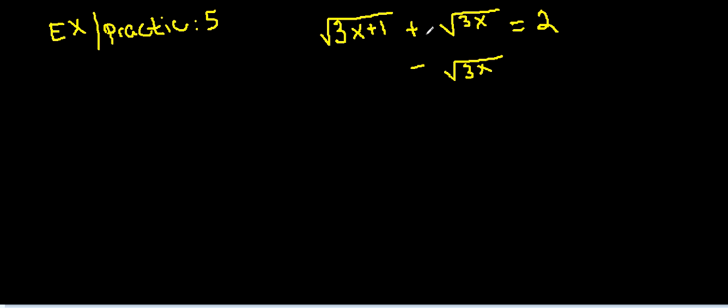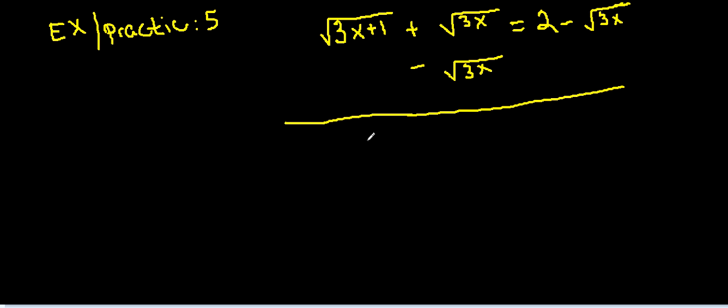I just want to isolate this first term here, and I'll feel better then. So I'm going to subtract this from both sides. This right side is now going to be negative 3x. Draw my line.